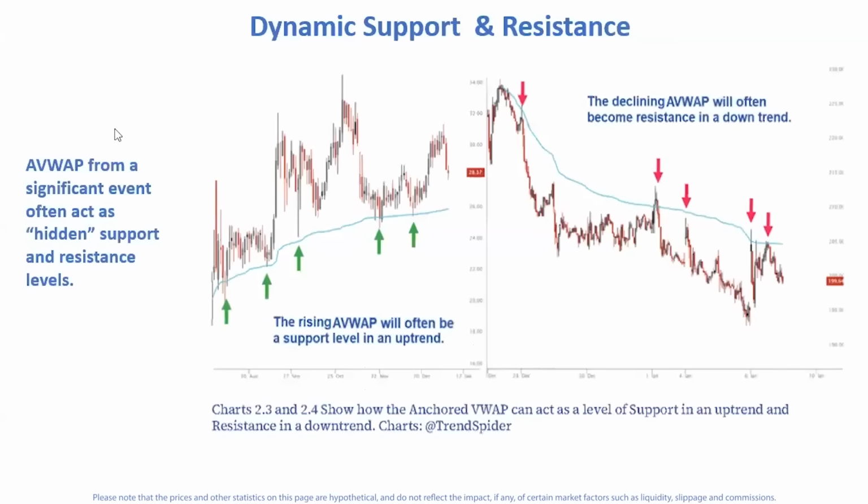Why? Because it's a level of interest that often becomes support and resistance. So a lot of times when we see a significant level from a key event, it will pull back and find buyers at that anchored VWAP. And the same on the short side.